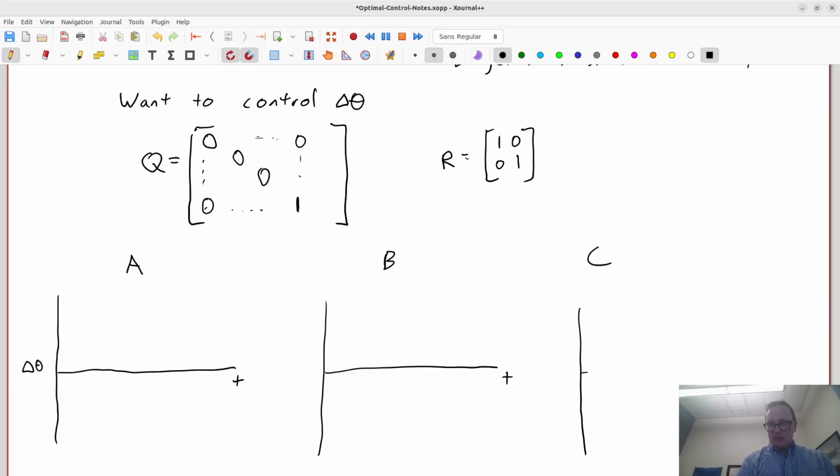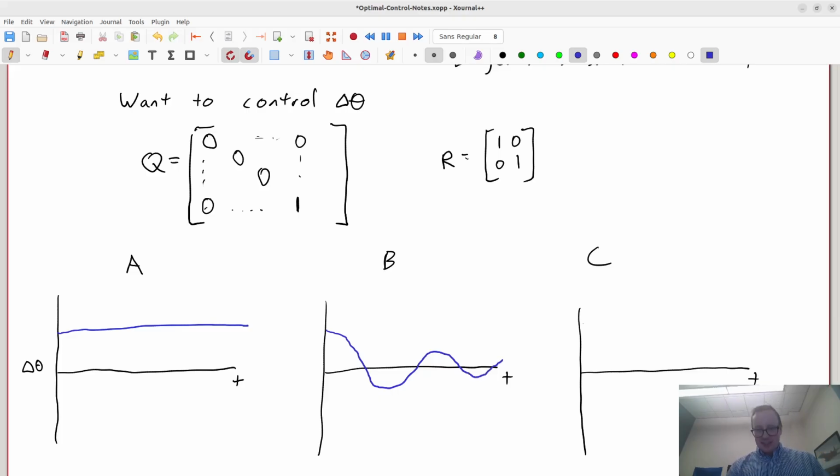And these are 3 different cases. So in case 1, delta theta stays constant. That's the trajectory of delta theta. Case 2, it oscillates a little bit. It's got decaying oscillations. And then in case 3, it has some very fast exponential decay.